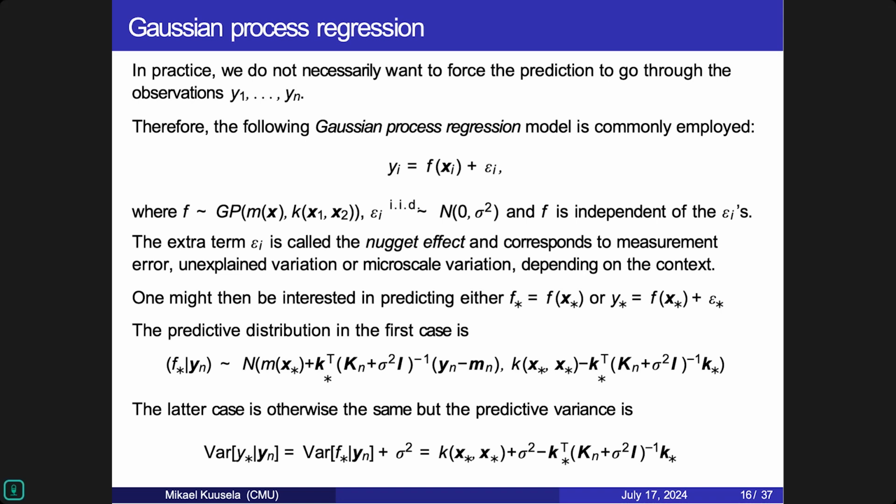It basically is the same equation as before, but there's this extra term here. Or you can ask what is the conditional distribution of this y star. The only way they differ is that they have exactly the same mean, but the variance of the y star prediction is going to have an extra component from this nugget effect. So if you predict this, you're going to have a slightly bigger uncertainty than in this case, but the mean prediction, the optimal prediction, is going to be the same.